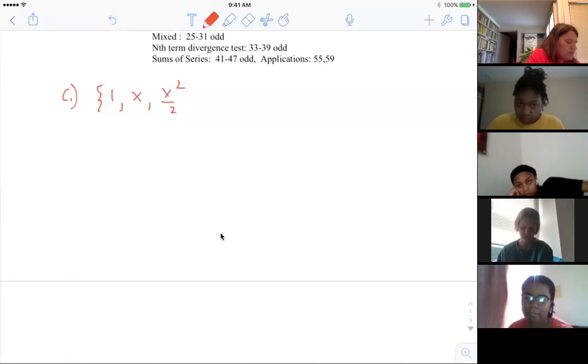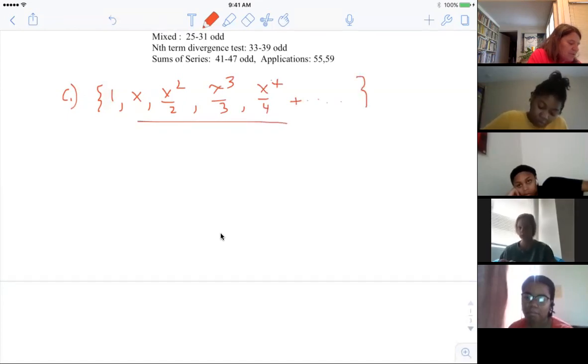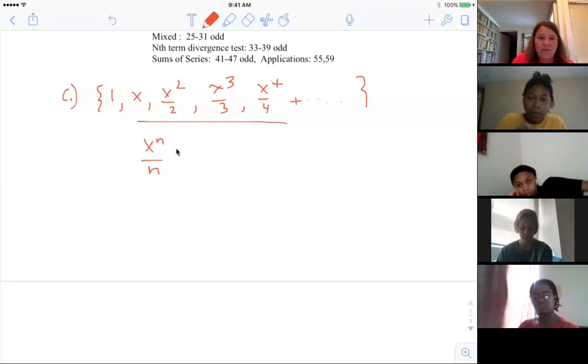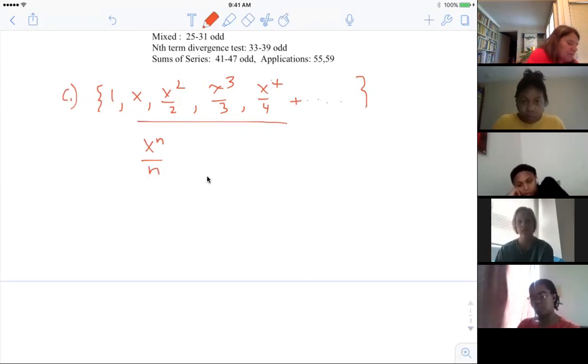It was x squared over 2, x cubed over 3, x to the 4th over 4, and so on. It was pretty clear that this last piece right here was easy. It was just x to the nth over n. If you let n be 1 right there, it'll be just x to the 1st over 1, x squared over 2, x cubed over 3. We didn't quite know what to do with this one, and I was putting it inside the sequence.